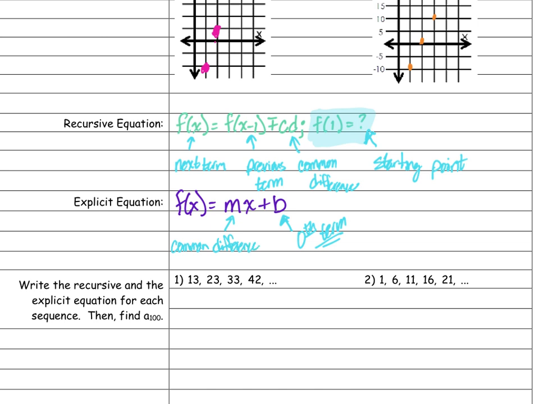Okay, so if you guys need to take a picture of this, this is probably the most important thing we've talked about so far. These are two equations that you're going to need to know. So if you haven't got them written down, make sure that you write them down.